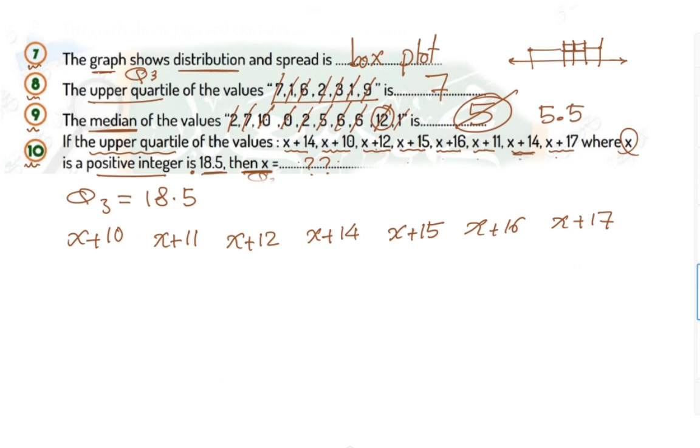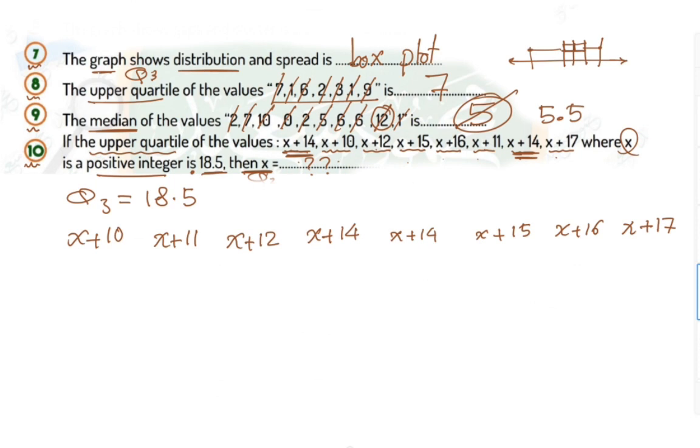Yeah, I have x plus 14 and x plus 14. We have 2x plus 14. So I need to add x plus 14, x plus 15, x plus 17, 16 first and 17.